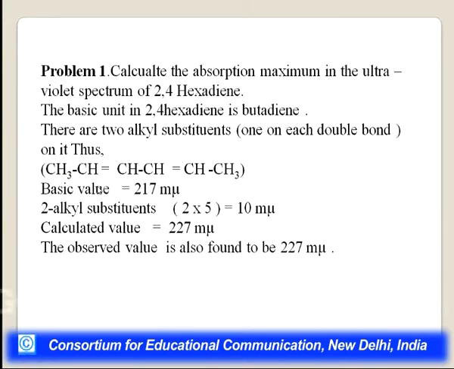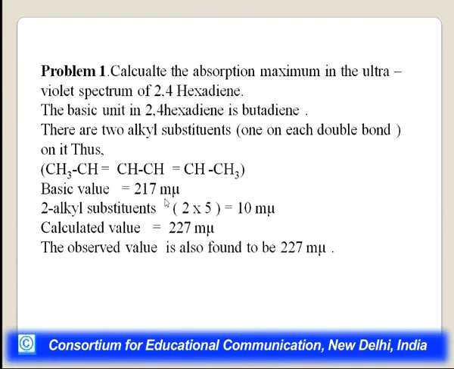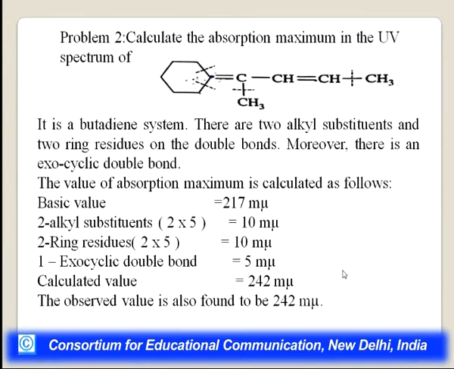For conjugated diene the basic value is 217 millimicron, and for each alkyl substituent the contribution is 5, so for 2 alkyl substituents the value gets doubled. The calculated value comes out to be 227 millimicron, which matches the literature value.